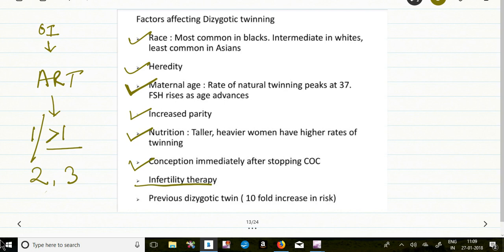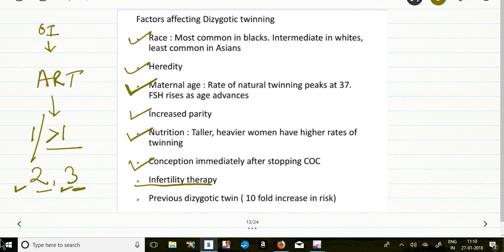Now basically we implant two or three embryos only to have an advantage that if one of the embryos is lost, at least the other one will implant. So in most cases, if none of them is lost and all the embryos get implanted, you have multiple pregnancies.